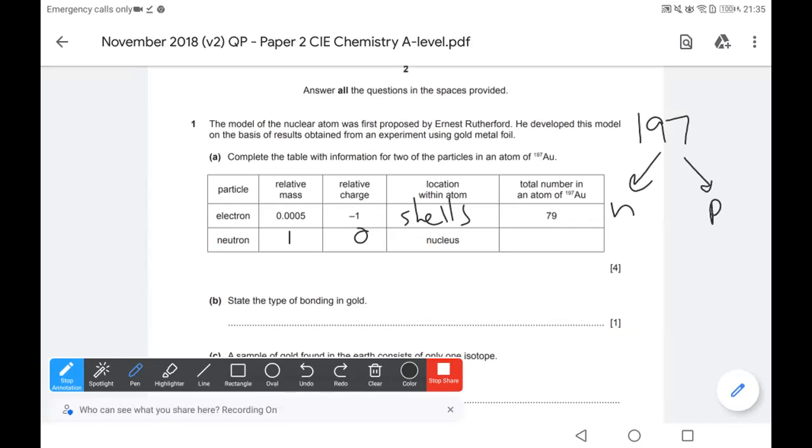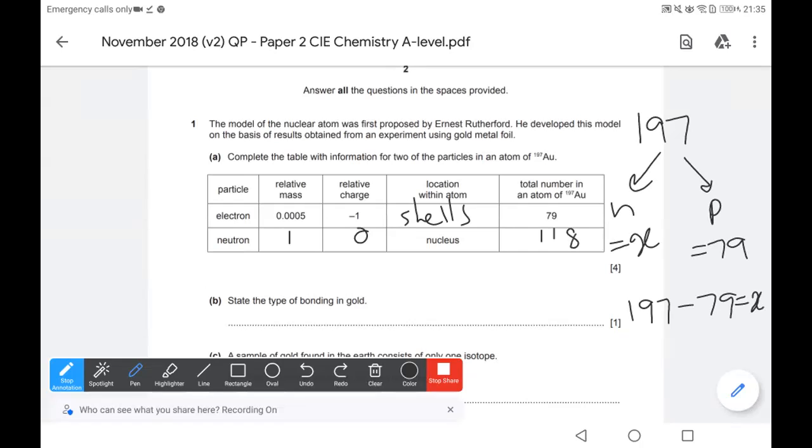So already we know there should be 79 protons. So how many neutrons are there? 197 minus 79 equals, yes, good, 118.